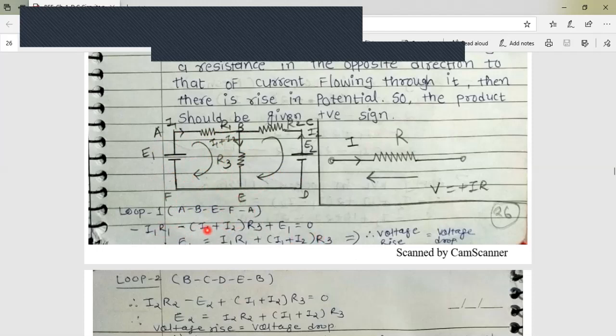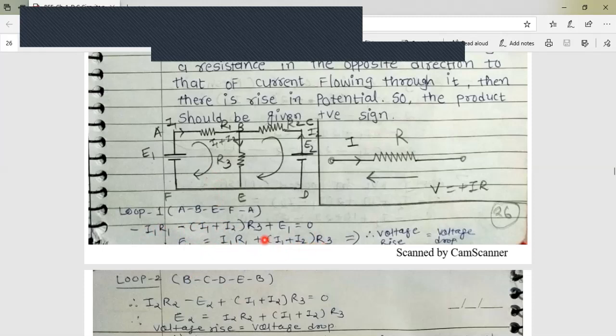These two negative signs represent a potential drop, a voltage drop in this loop. So finally we have E1 equals I1 R1 plus (I1 plus I2) into R3.